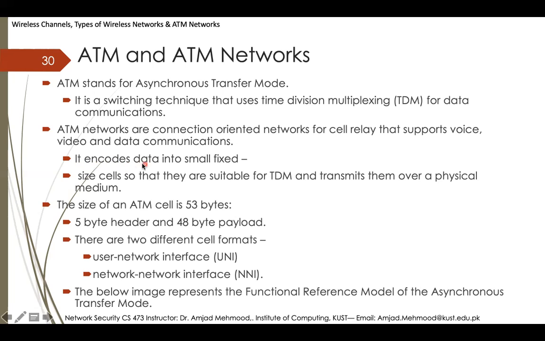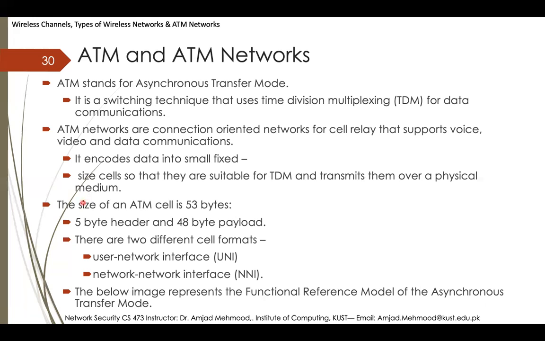It encodes data into small fixed-size cells so that they are suitable for TDM and transmits them over a physical medium. So there is a fixed cell which is used to send over a network to the destination.